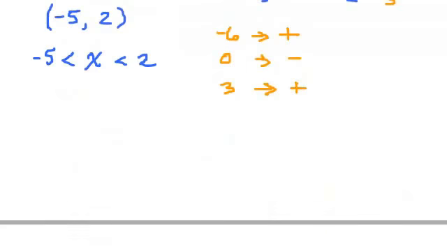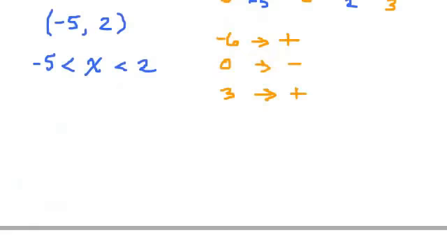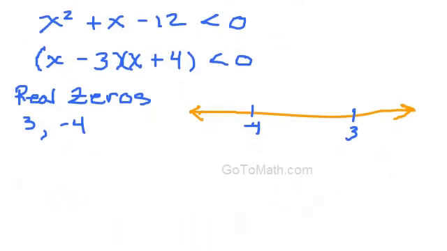Our test points were in orange, so we probably want to stick with that same color scheme, and of course I used green for the number line. Let's try something different here. How about green this time? Okay, so our test points are going to be negative 5, 0, and we'll use 4.